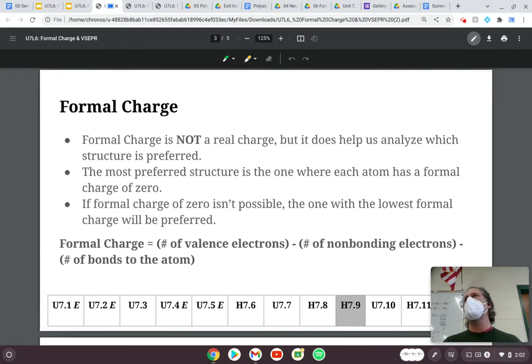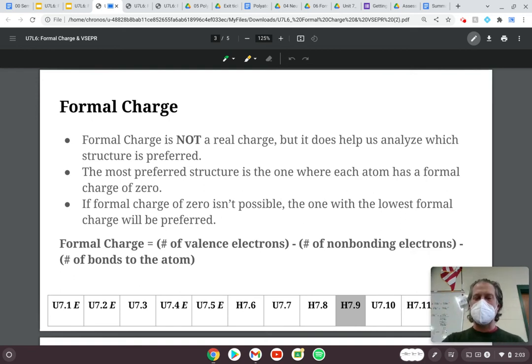The actual formula for calculating formal charge is really quite simple, but it's not an actual charge. Once we've calculated the formal charge of a molecule, we're not saying that molecule has a 0 charge or a -1 charge. What we're saying is that it is the preferred structure over the other resonance structures that could potentially exist.